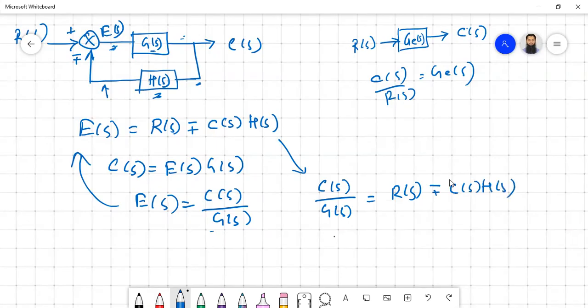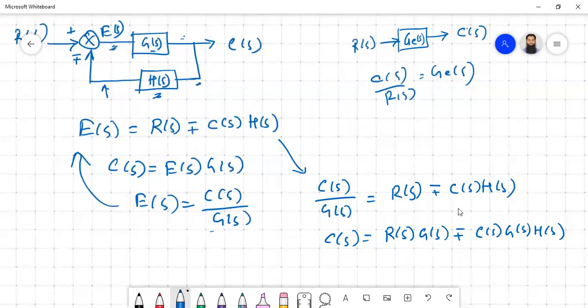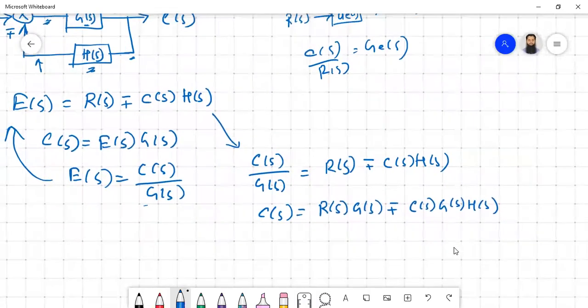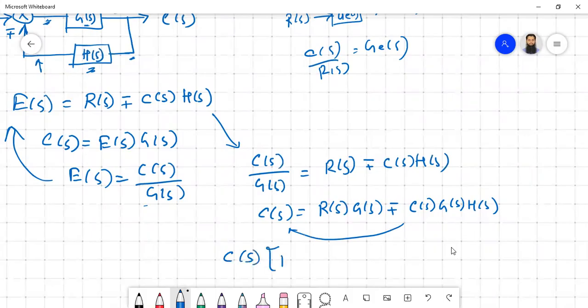If you cross multiply, then you have CS equal to RS GS, then minus plus CS GS HS. Now we can take the CS to the other side, so the sign will be altered: minus will be plus, plus will be minus. So we can take CS common: 1 plus minus G of S H of S equal to RS G of S.